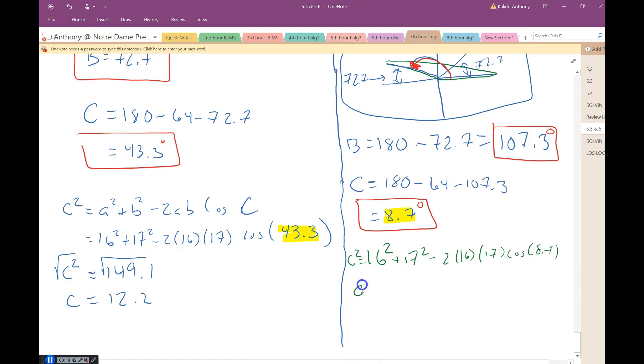So that gives me 7.26, and when I square root both sides, I get 2.7-ish.